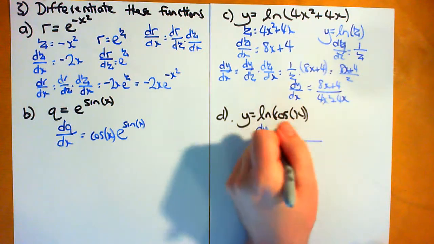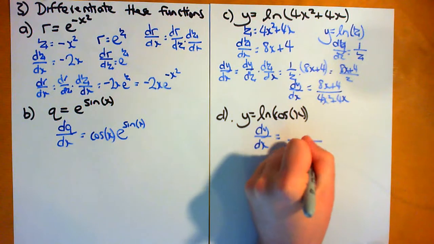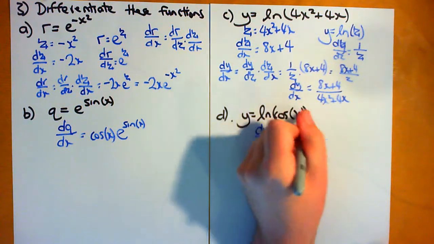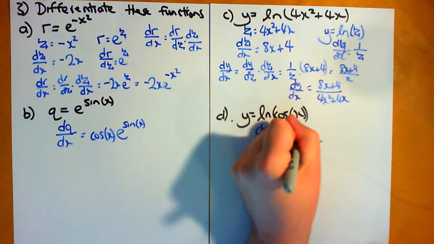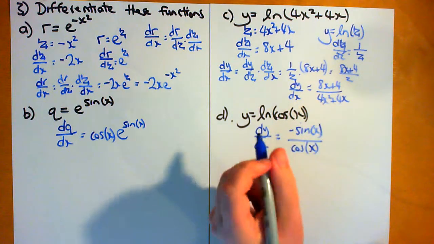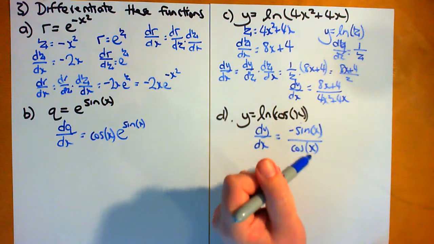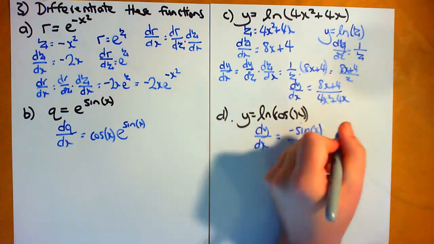So what's inside the bracket, cosine of x, goes on the bottom. Its derivative, differentiate cosine of x, you get negative sine of x. That goes on the top. So we have negative sine of x over cosine of x.